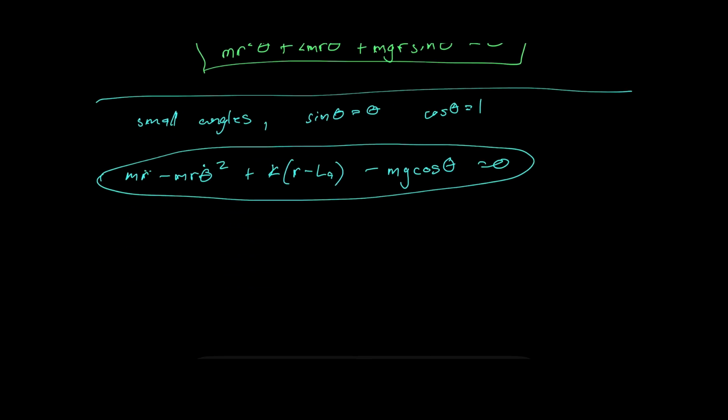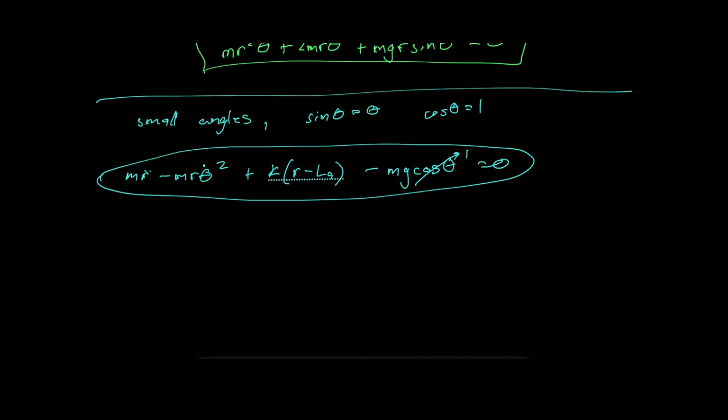So let's do the first one. We can divide out everything by m, and then we can get rid of this cosine, which goes to 1.